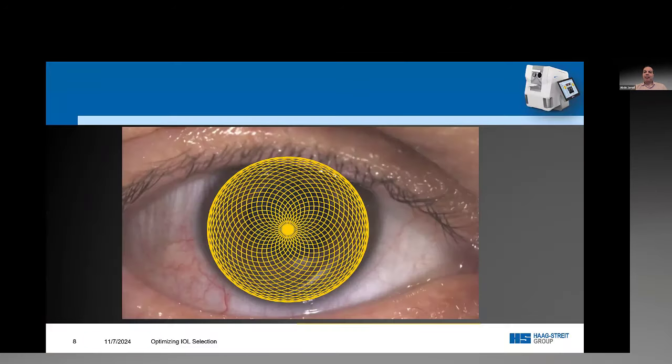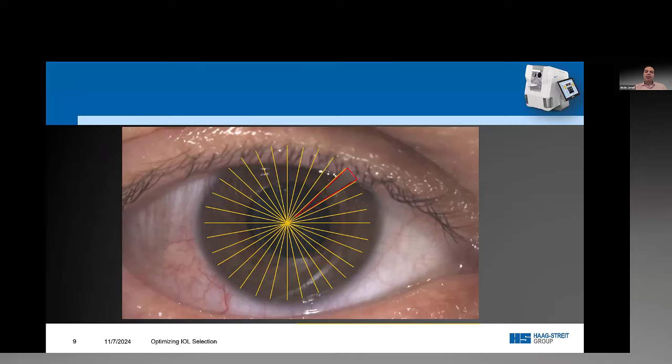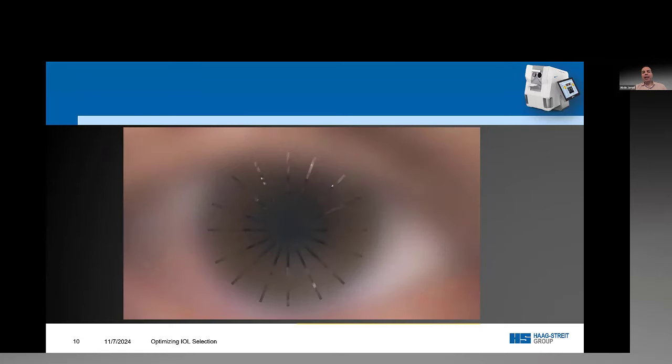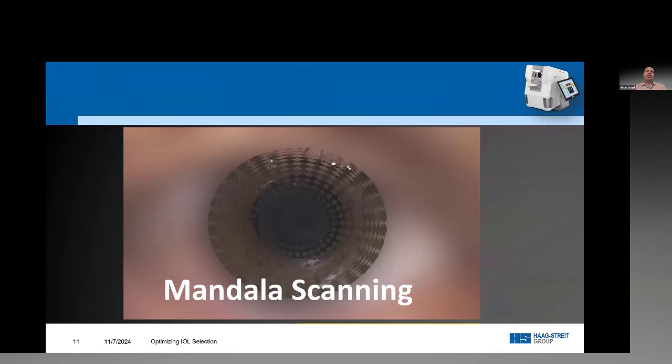Eyestar with the Mandela scan pattern has better corneal coverage than radial scan. The data between the lines in radial scan are all interpolated or estimated. So we are comparing this corneal coverage with this. It is clear scan pattern matters.